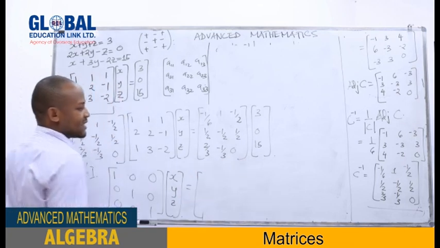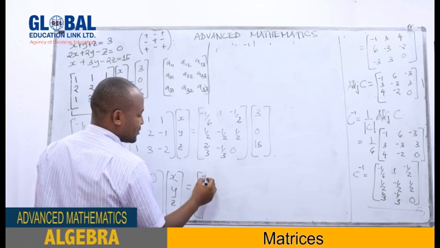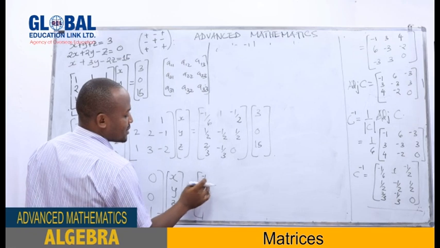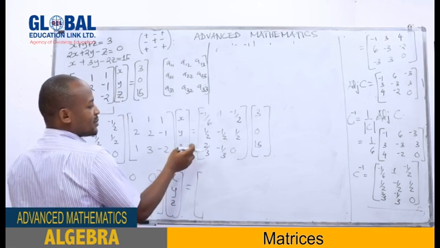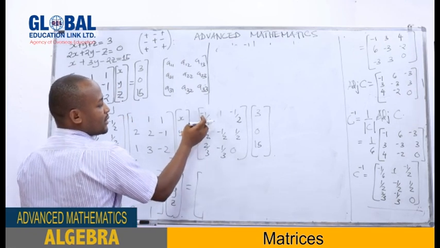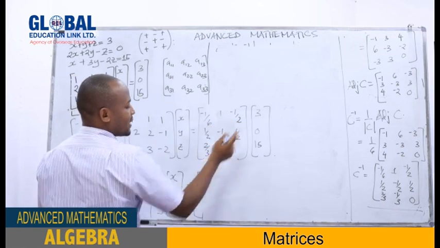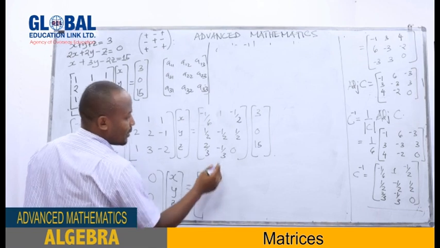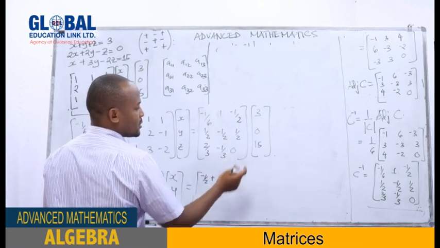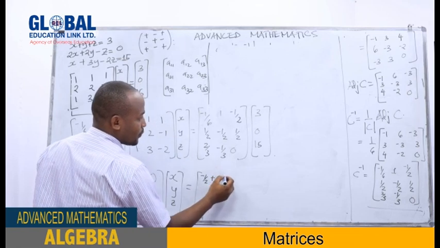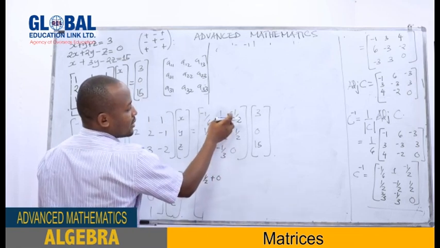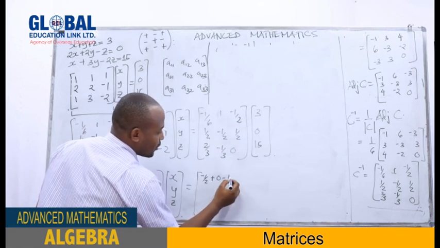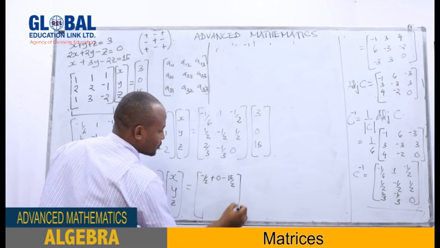Now let's multiply that side. Negative 1 over 3 times 3. Now let's multiply that side. Negative 1 over 6 times 3, we expect to have negative 1 over 2, plus 1 times 0 is 0, and negative 1 times negative 1 over 2 times 15 is negative 15 over 2.